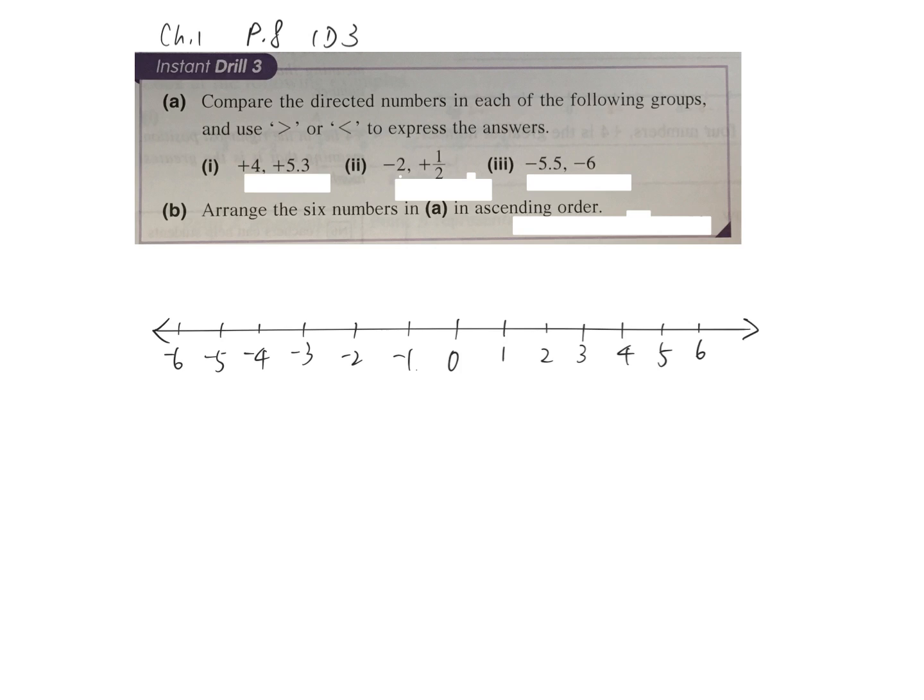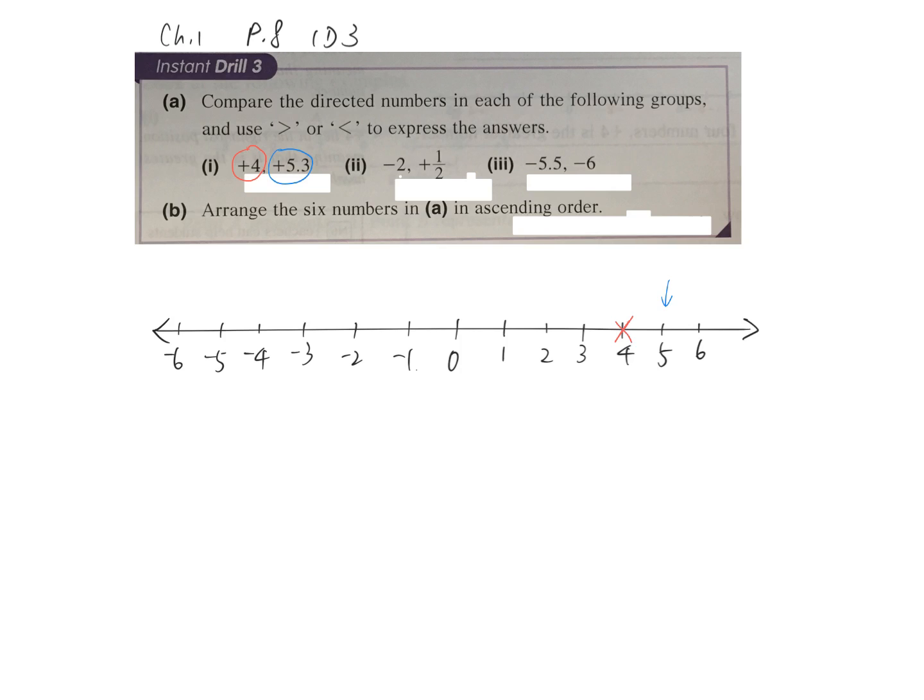Now first of all, the numbers in part A1 you are going to compare are positive 4 and positive 5.3. So I'm going to use a number line to help us find out which one is larger, which one is smaller. Positive 4 is here with a red cross. I plot it on it. And then the second number is positive 5.3. We don't see 5.3, but we see 5 here.